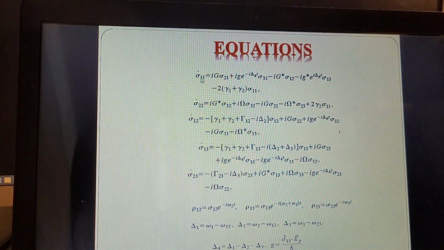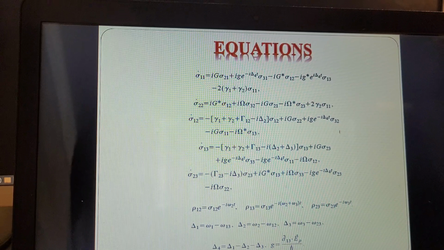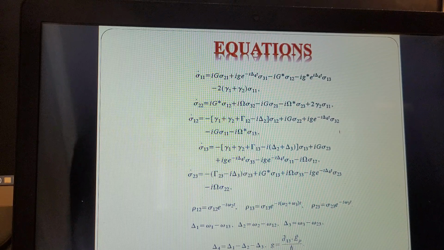We know that the diagonal terms of the density matrix show the population of the electrons in these states, and the off-diagonal terms show the coherence. You can also calculate the susceptibility by using the off-diagonal terms of this density matrix.